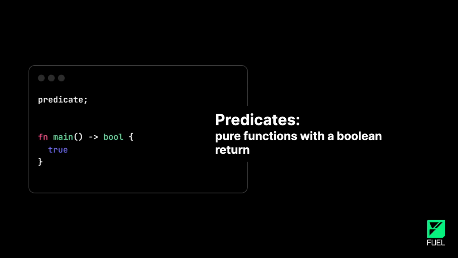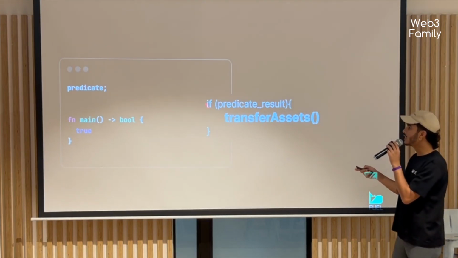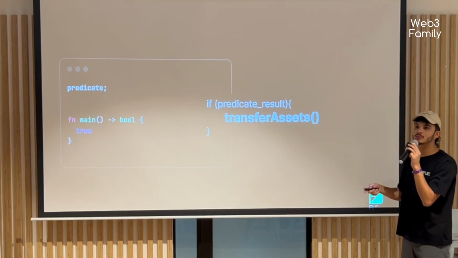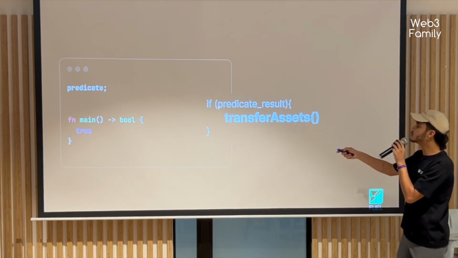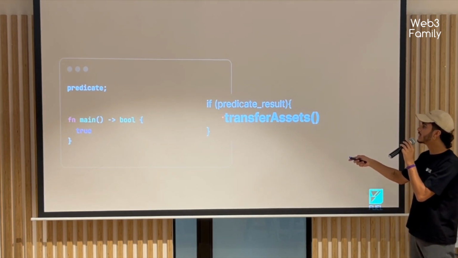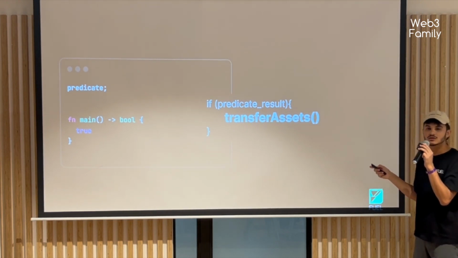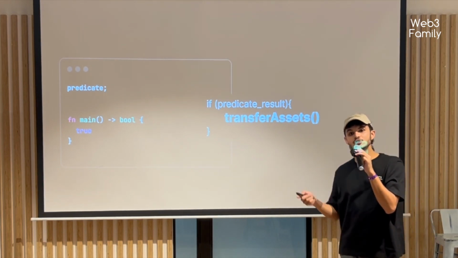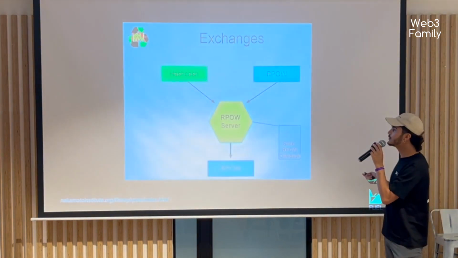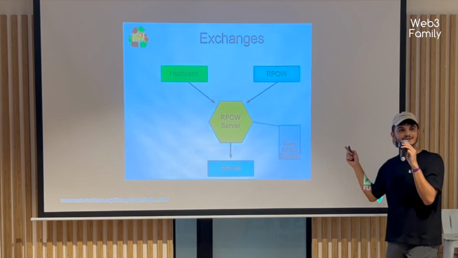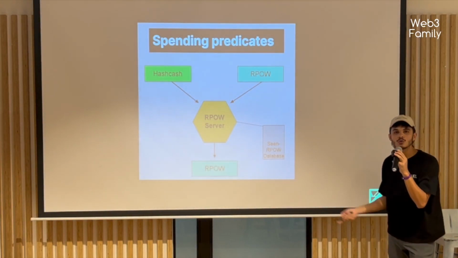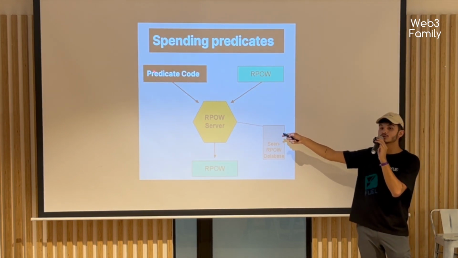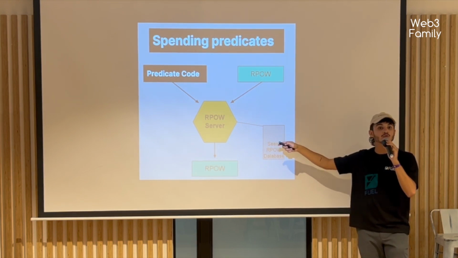So predicates are pure functions with a Boolean return, and if a client wants to spend these assets, they do a process called evaluation, where you run the predicate script and can then transfer the assets. The predicate has some condition: if the transaction fulfills those conditions, the assets are going to be freed. So I'm reutilizing this slide to show how you can spend a predicate. You have the predicate code, which is outside the chain; the chain doesn't need to know the predicate code.